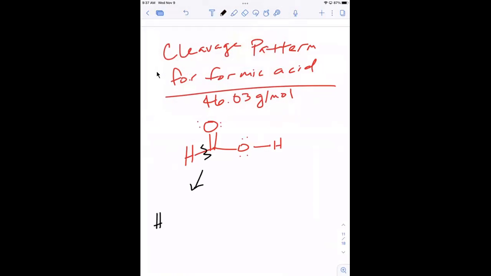Keep in mind, I'm fragmenting the radical cation of formic acid. So it's going to give me an H as a fragment, actually, let me not do that as H plus. That's a radical. And it's going to give me this as the cation with the plus charge on carbon.